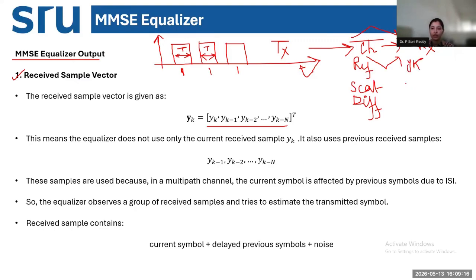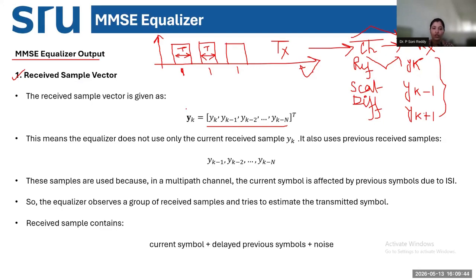This is my one signal. The delayed version or previous version of the signal would be k minus 1. Another signal would be k plus 1. All these are different versions of the same transmitted signal which are reaching the receiver at different times, because they travel different path lengths due to this multipath effect.